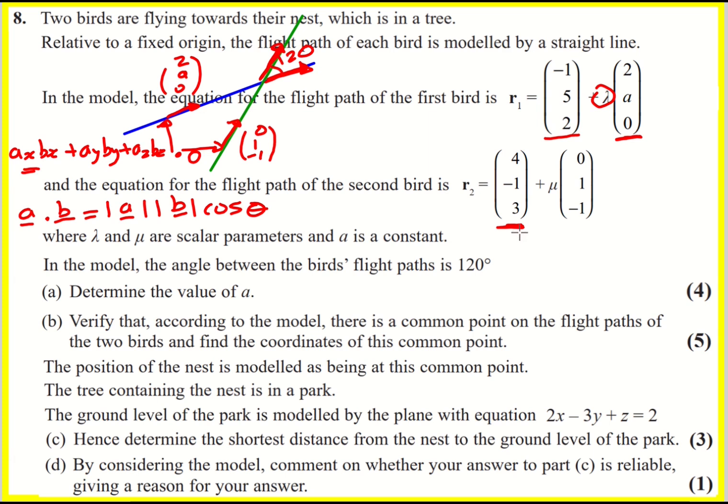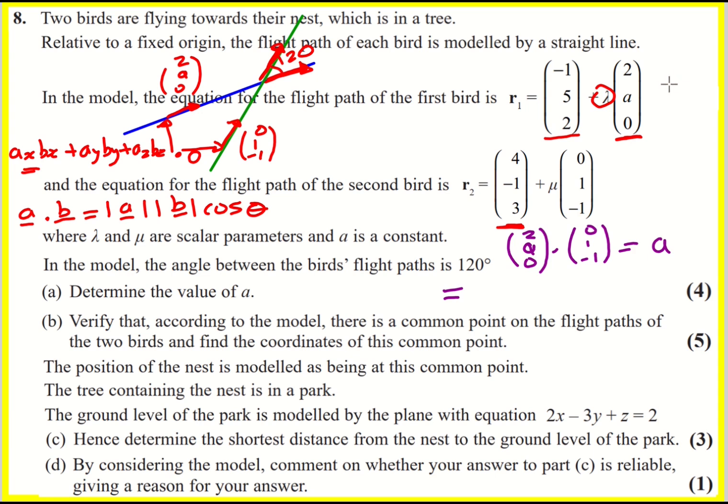So I can write down (2, a, 0) dotted with (0, 1, -1). Right, well, first up, that is going to equal just a. But using my second definition, let's work out the magnitude of each.